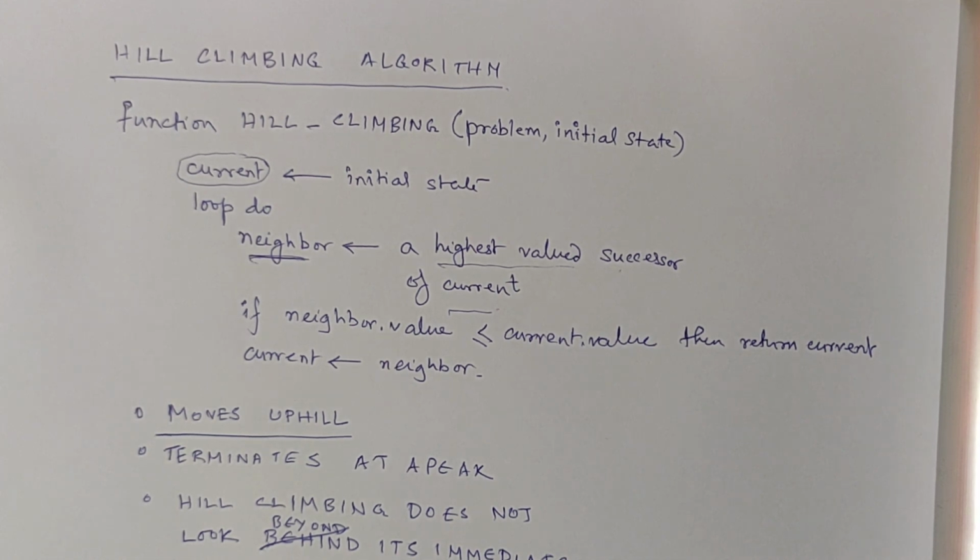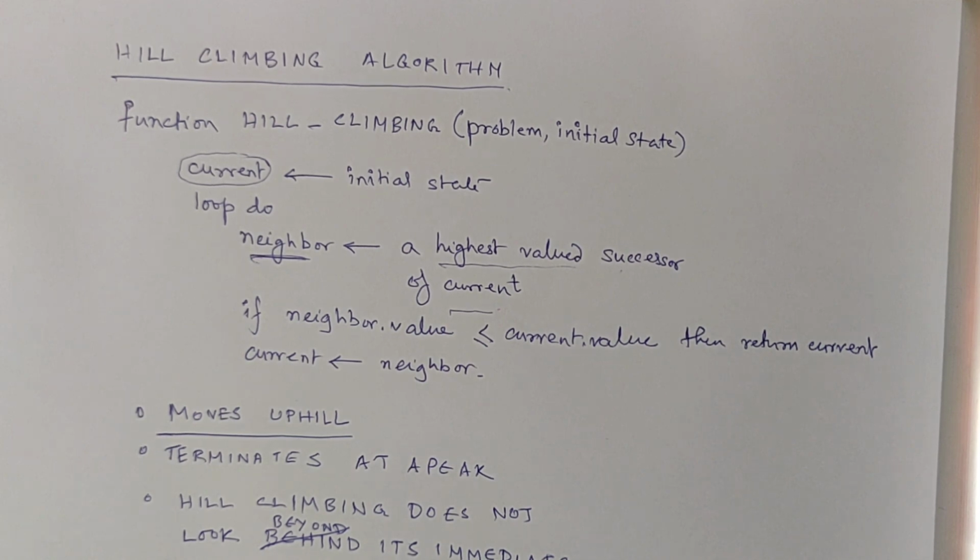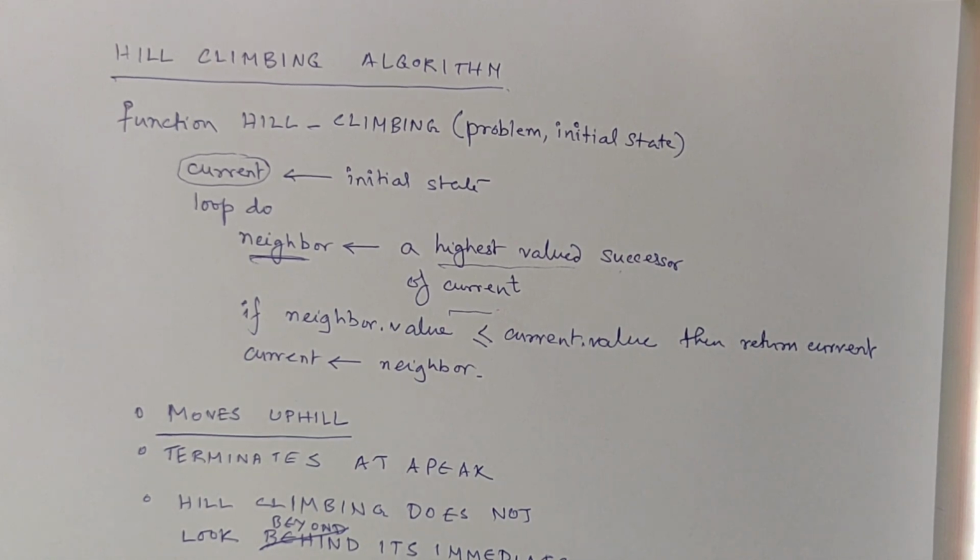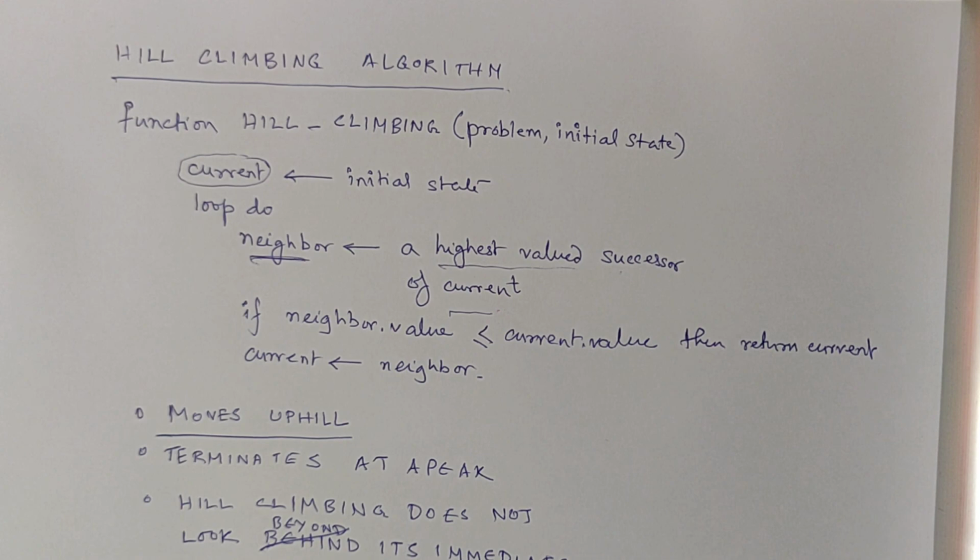If he could have restrained his greed, the goose would be still alive and he would be getting one gold egg every morning even today. So the hill climbing algorithm is like that greedy man who does not look beyond the immediate payoff that he gets.